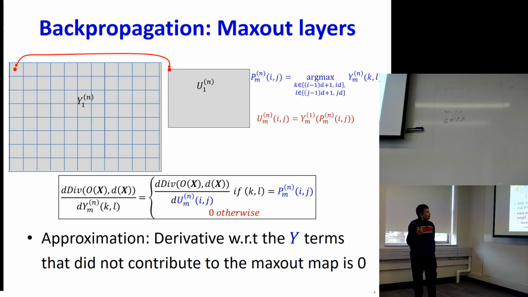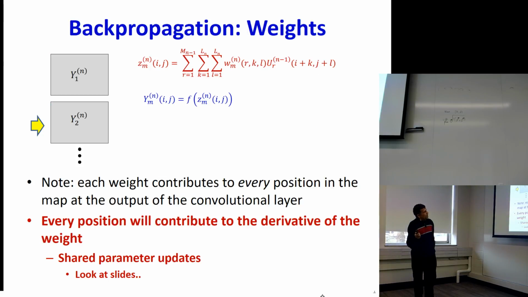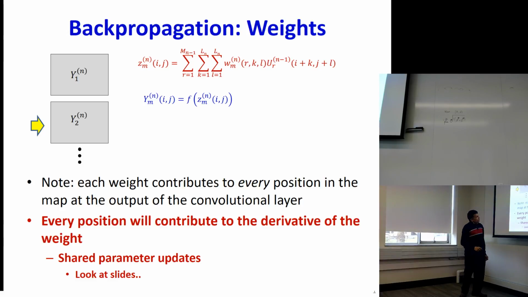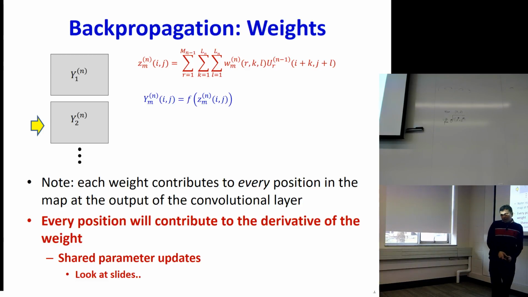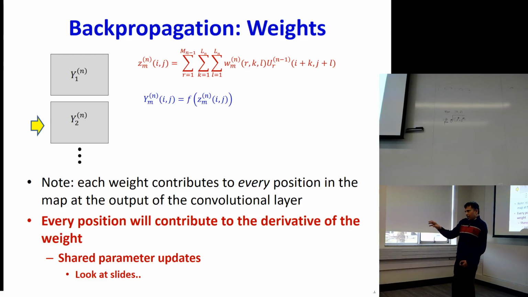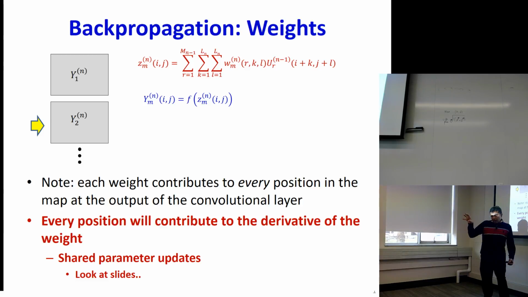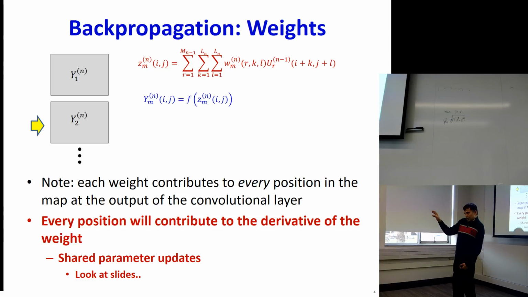And for the weights, every weight contributes to every position in the map at the output of the convolutional layer, right? So what do I mean by this? If I look at this weight over here, because the filter is scanning, if I look at any position at the output, the value at that position has been obtained through a scan, which means it has contributions from many different positions in the previous layer.